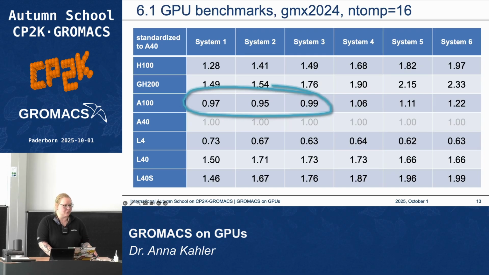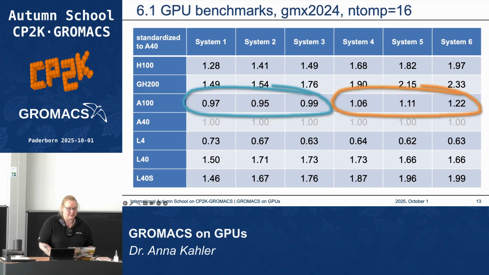So that's why the numbers are a bit lower than 1. And the large systems give better performance on the A100. So this shows us that we need to pick the right GPU for the system we're going to simulate. Does that make sense? So we can have better performance on some GPUs and worse performance on other GPUs. It really is a matter of benchmarking.